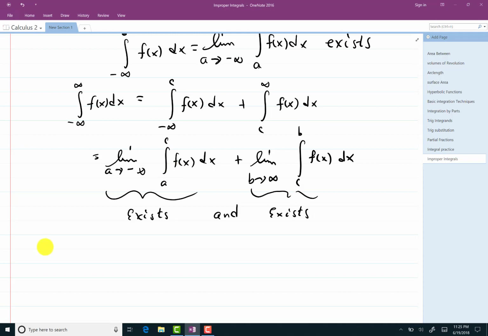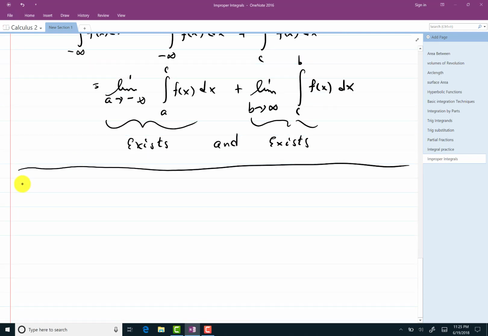I'm going to start with my first example, the integral from negative infinity to infinity of 1 over 1 plus x squared dx. Now you probably know the antiderivative of 1 over 1 plus x squared by heart now. That's arctangent of x.